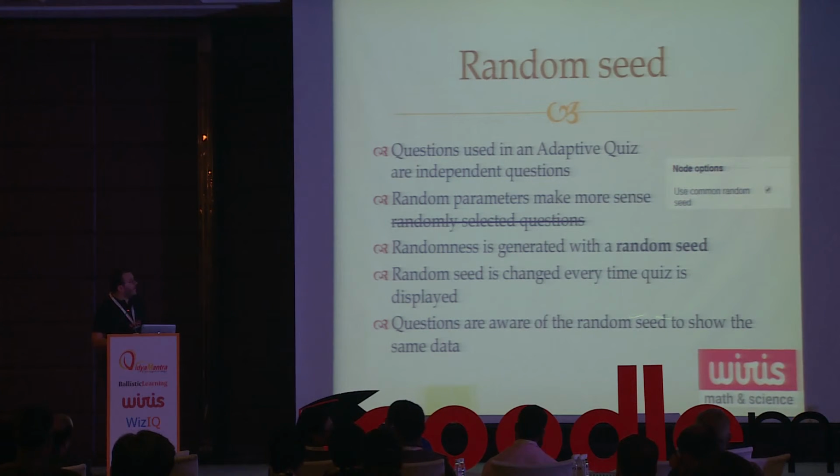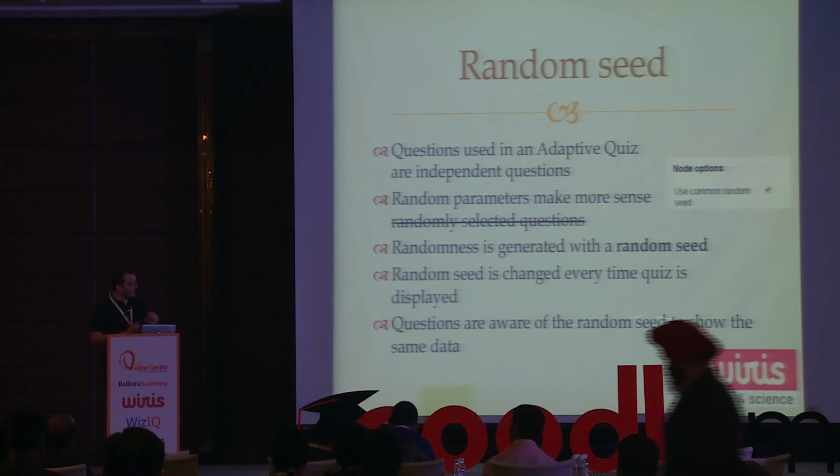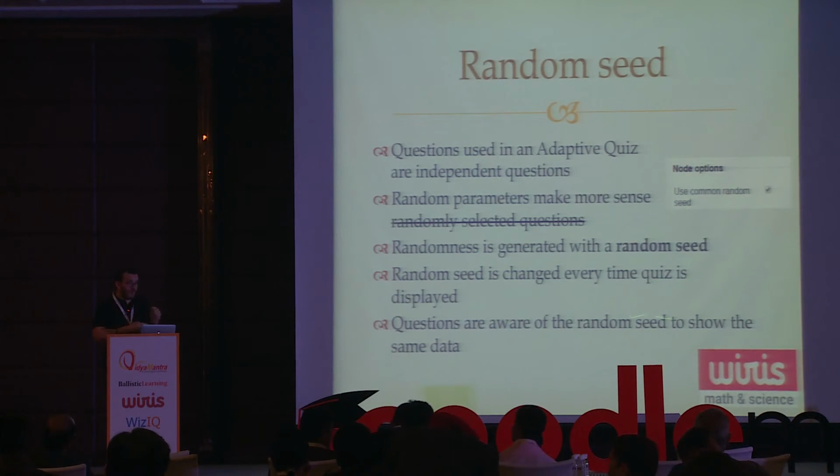The other important thing in this kind of thing is the random seed. So when you do that kind of question, you want the questions to be random. I mean, you don't want questions to be randomly selected. You want questions and parameters in the questions to be random to have a different experience for the student. And if the student goes into the same activity again and again, he finds different questions.